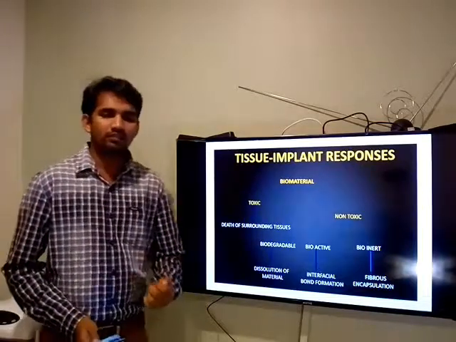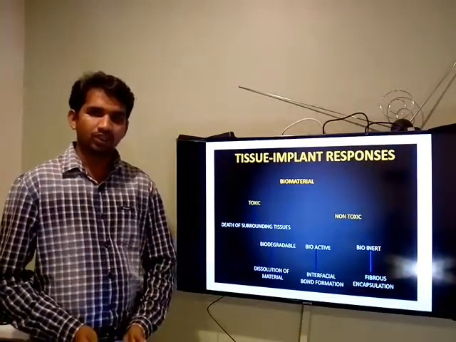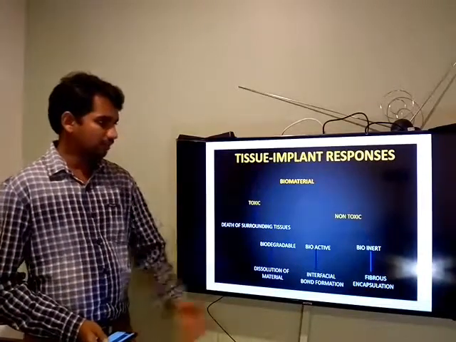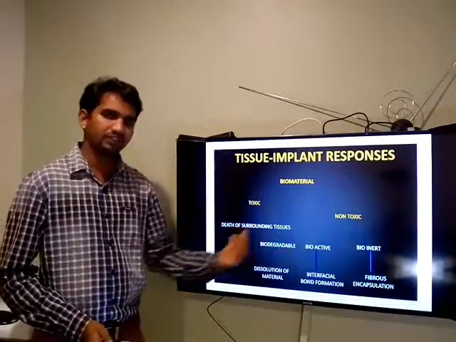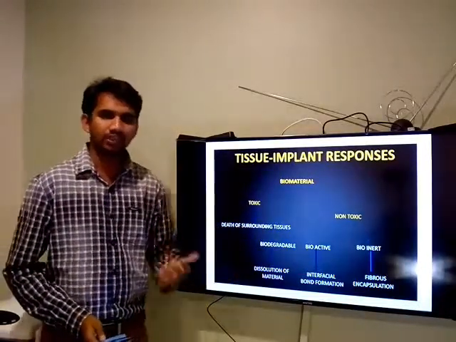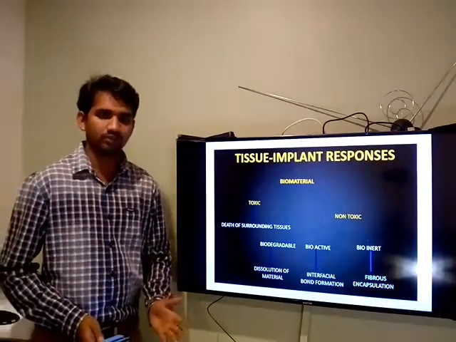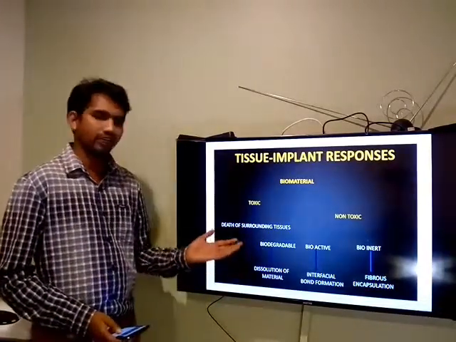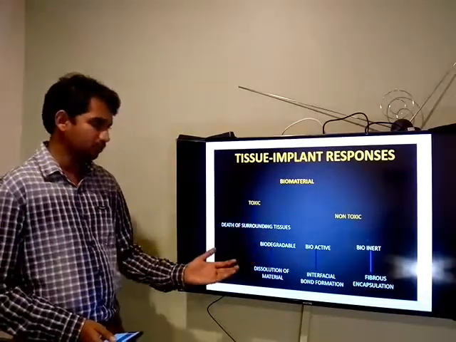Once a bioimplant is in the body, two responses are possible, toxic and non-toxic. If it is toxic, then there is death of surrounding tissue, which is an adverse effect, and it will not help the patient or their body. It will only ruin their life, their body, and their surrounding tissues.